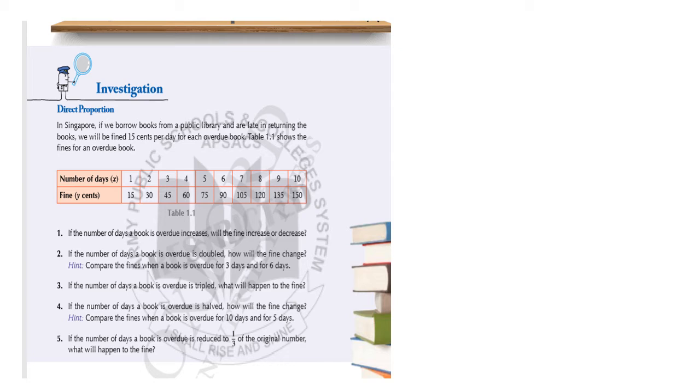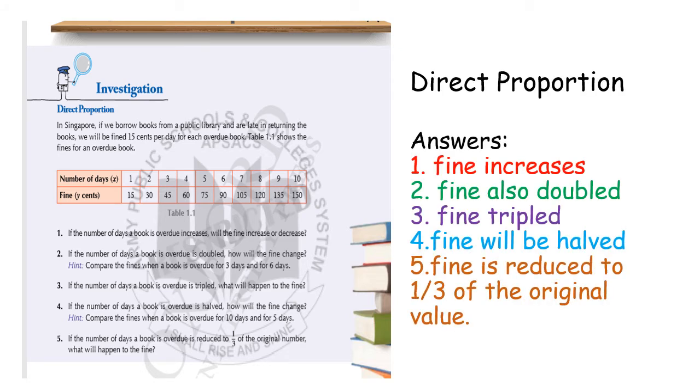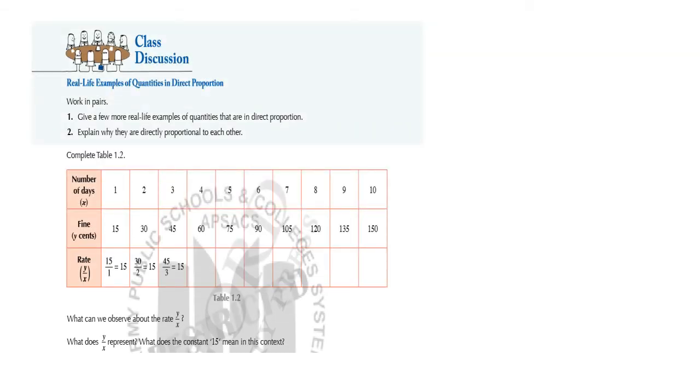So the first answer is that the fine increases as the number of days increases. If the number of days is doubled, like 2 days with a fine of 30 cents, and if you double to 4 days, the fine is 60. So if the number of days doubles, the fine also doubles.